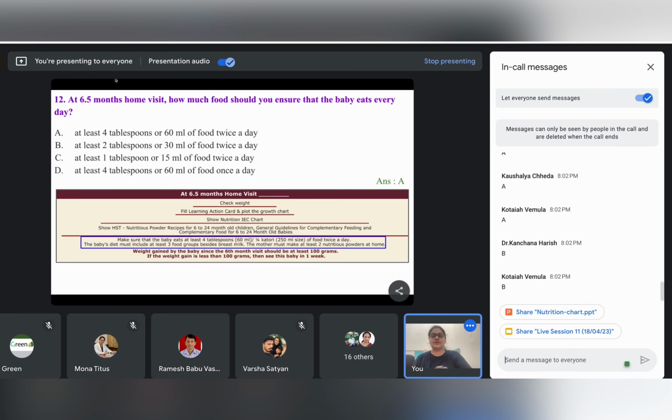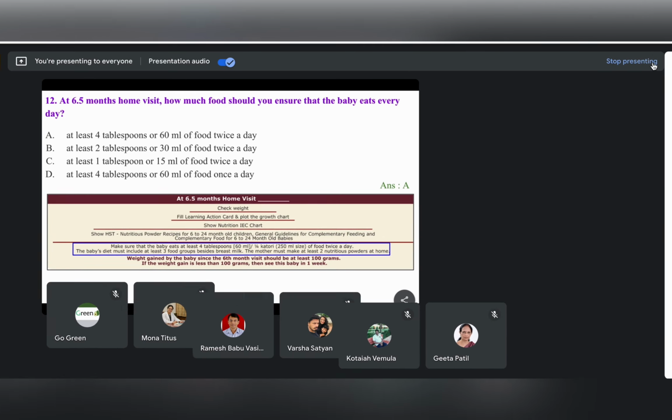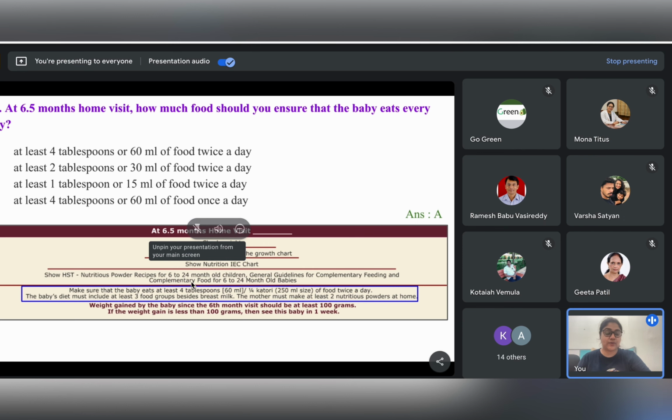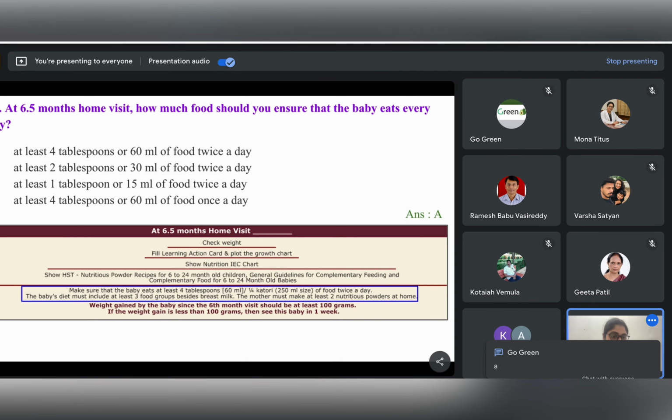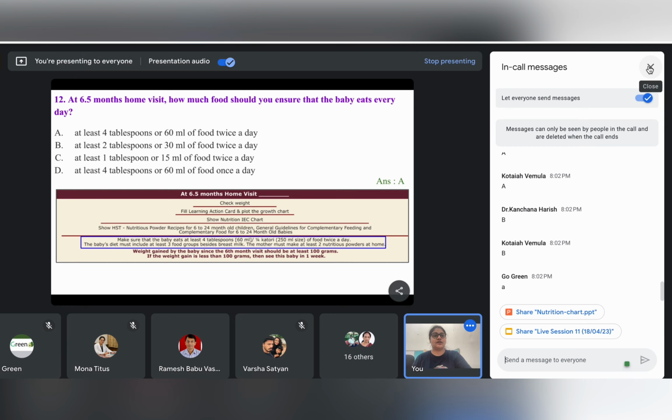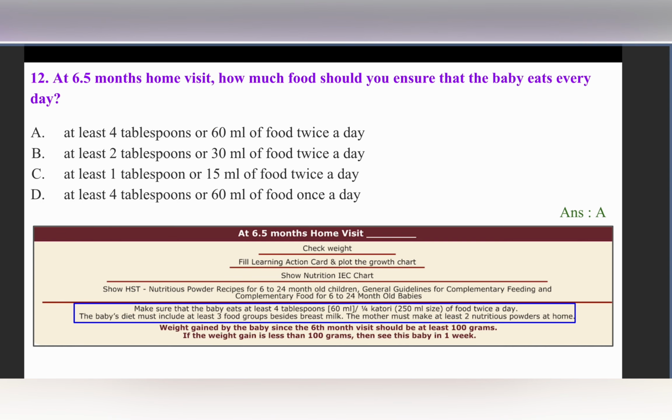Okay, so let us discuss the answer. As we have discussed, at 6.5 months the baby needs at least 4 tablespoons. Please remember, it is not 2 tablespoons, but 4 tablespoons, or 60 ml.